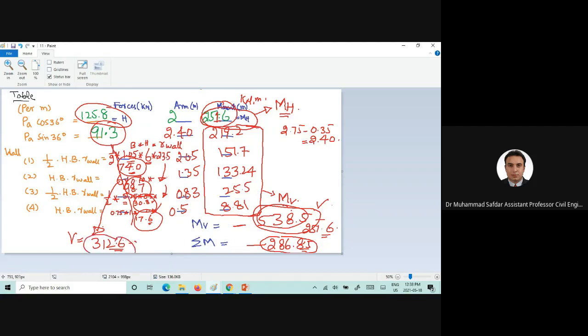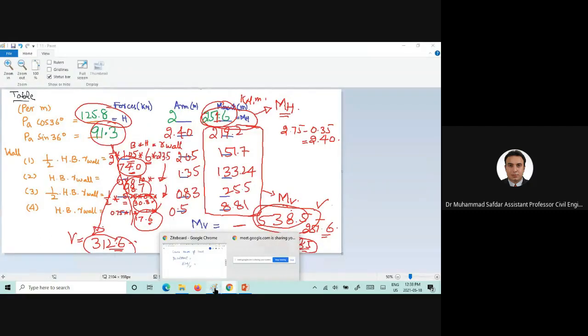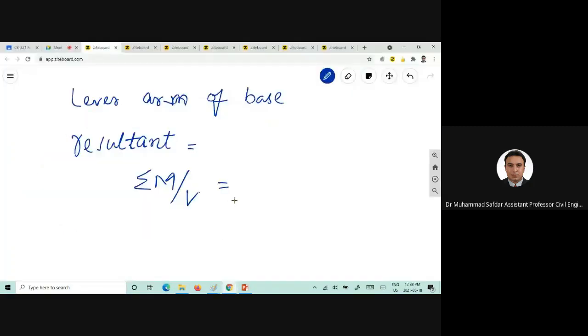Note down this value as well, because we are going to use few equations for the overturning stability and the sliding resistance limit state. Now I need this value here. 0.91.